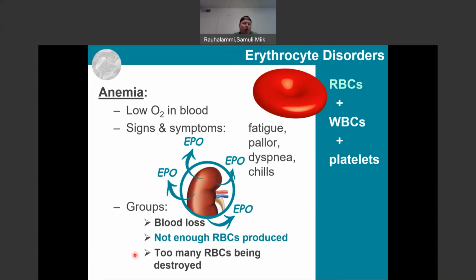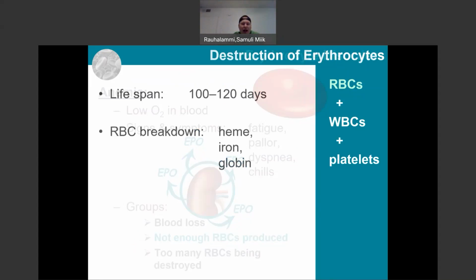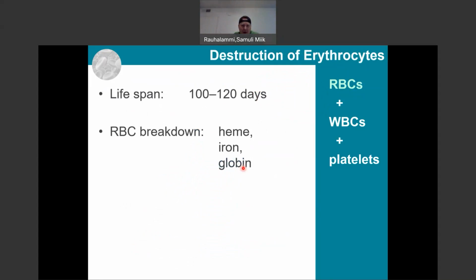What happens when we destroy red blood cells is actually that after about 100 to 120 days, we break the red blood cells into their components, and these components can then be reused to build future red blood cells. So we get our heme, iron, and globin elements that can be reused.